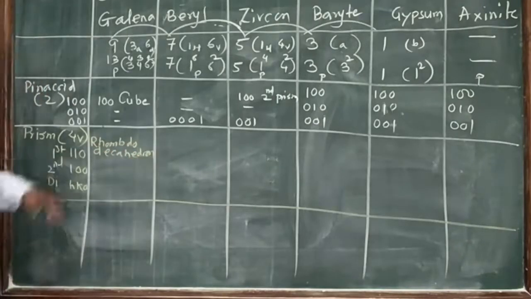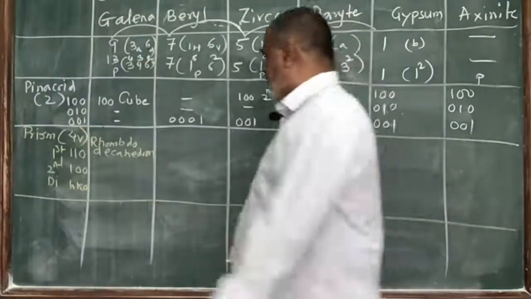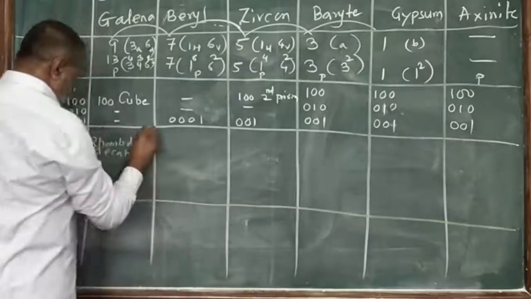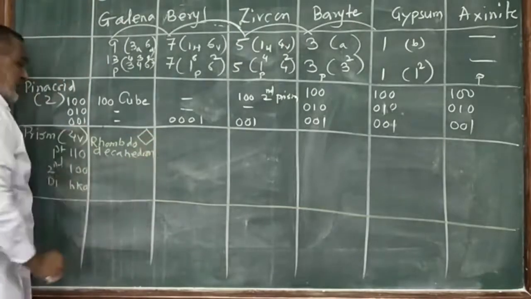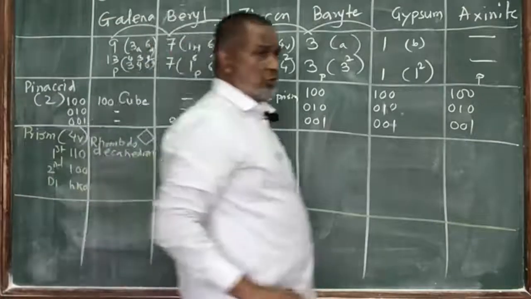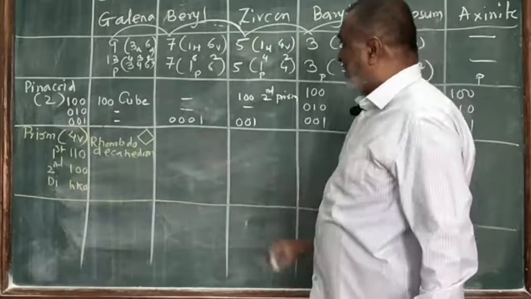Yes, 1 1 0 is now called rhombic dodecahedron, and it has rhombus-shaped faces. If you want, draw the diagram that the face is of a rhombus shape. So rhombic dodecahedron. Come to the next one, hexagonal system.